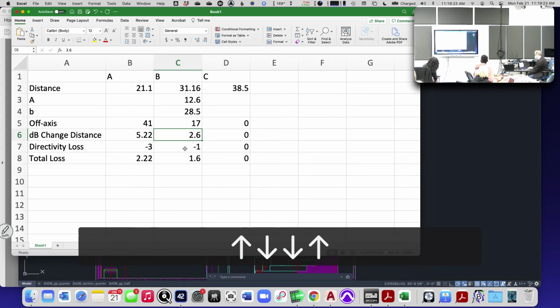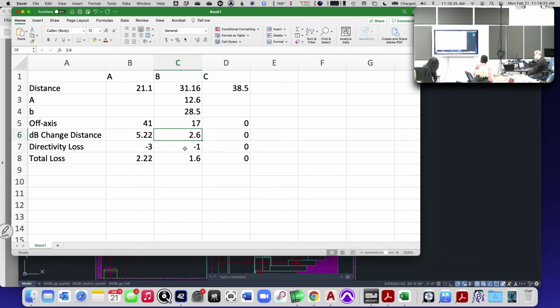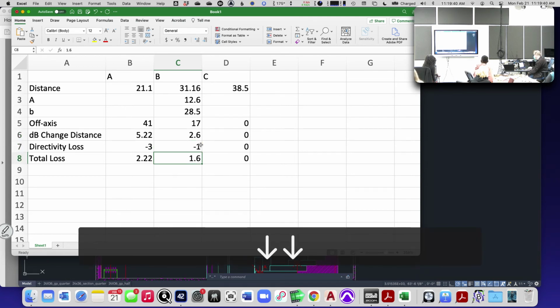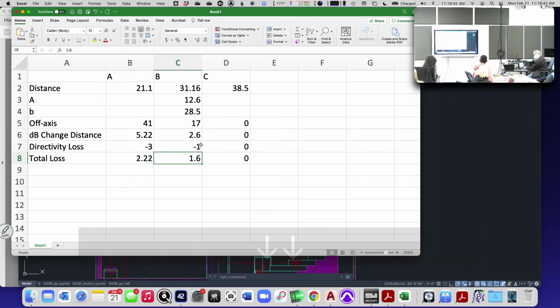We just need to figure out the dB difference loss. We'll assume it's pretty close because we didn't change that number dramatically. It was a little bit farther away, so it might be like 2.7 or something dB, but it's not going to be hugely different. So total loss there is going to be fine. But here's the concept I want to drive home.